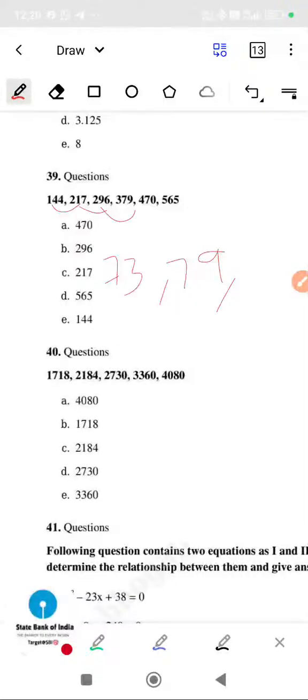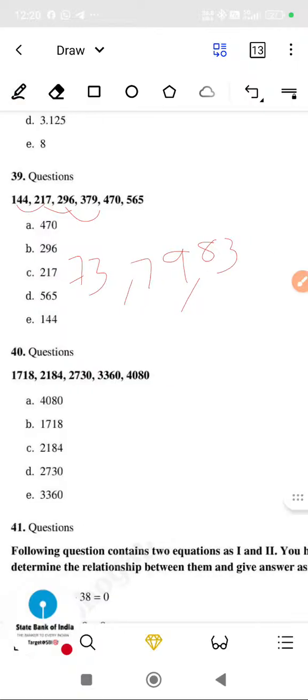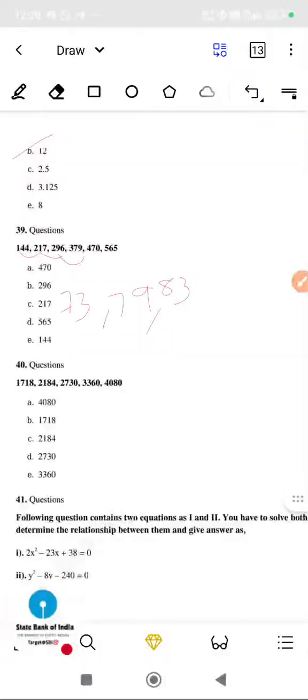Here we see 83. Next 379 and 470. Difference is 81. Is it 81? 21 plus 70, 91.